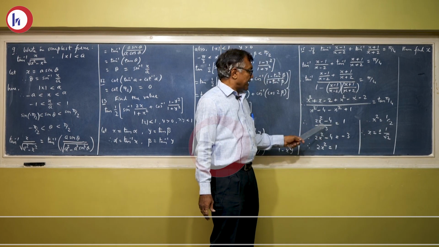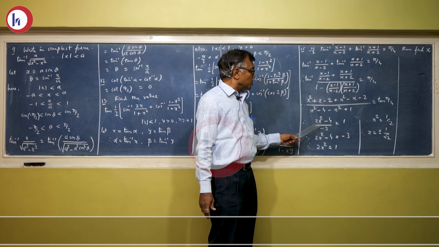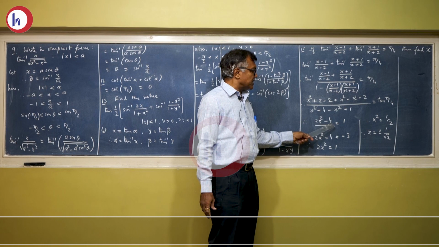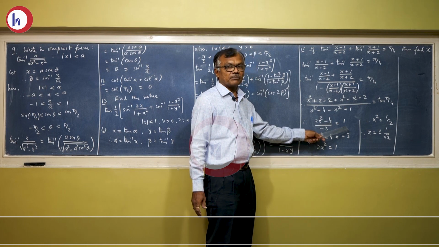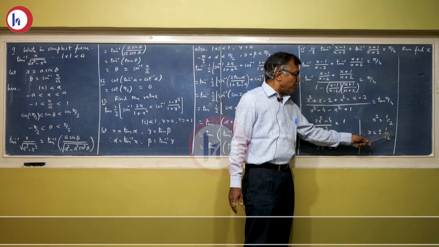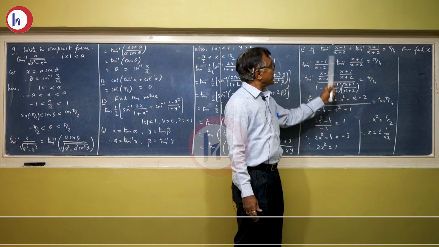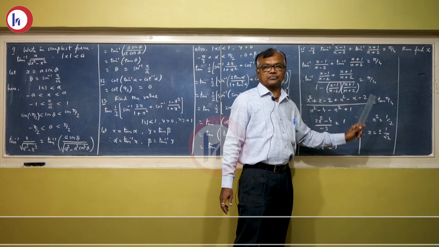So directly substituting x square equals 1 by 2 here, 2 into 1 by 2 is 1. 1 minus 4 is minus 3. Minus 3 upon minus 3 is 1, which equals 1. So both these values, 1 by root 2 and minus 1 by root 2, are applicable. So the value of x is plus or minus 1 by root 2.